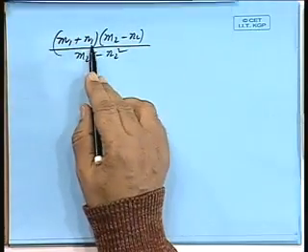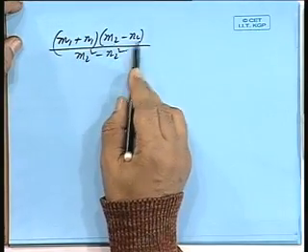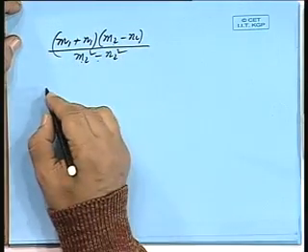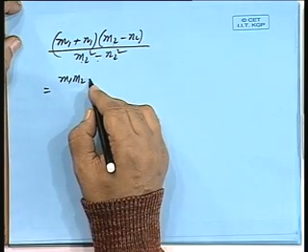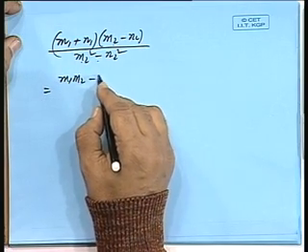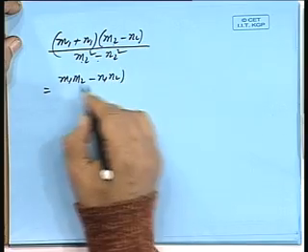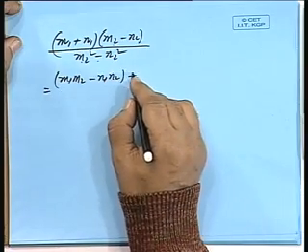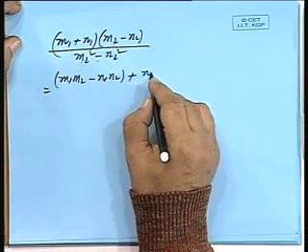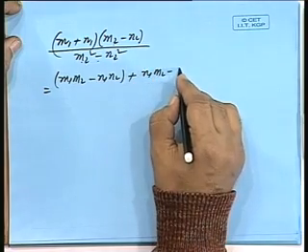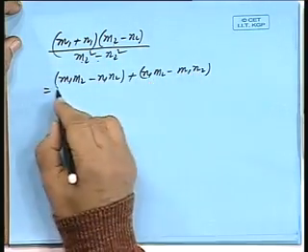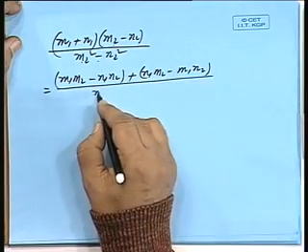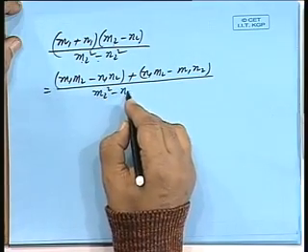So, I have got M1 M2 minus N1 N2, this is the even part, plus N1 M2 minus M1 N2, the odd part, divided by M2 square minus N2 square.